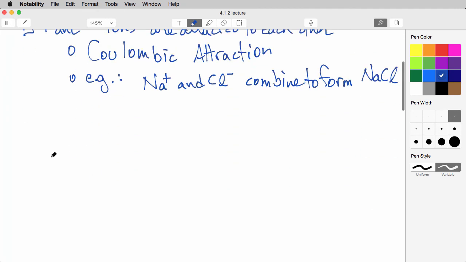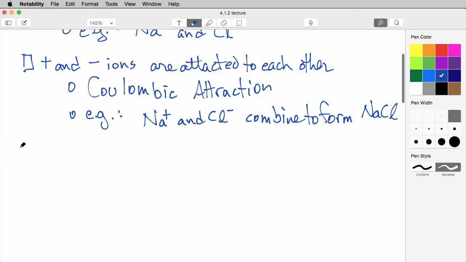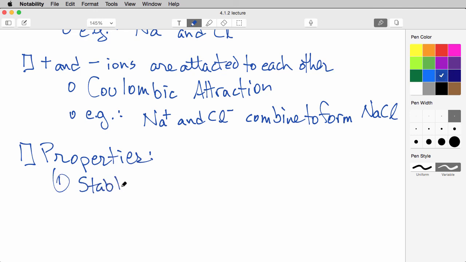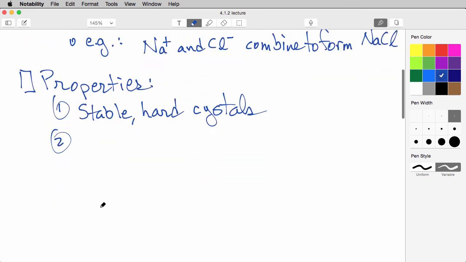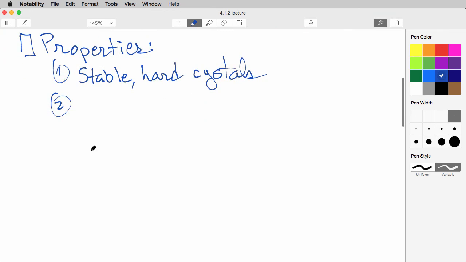All right, and so some general properties that we should keep in mind of ionic bonding. First, they are usually stable, hard crystals. Second, they are often or usually poor conductors of electricity.